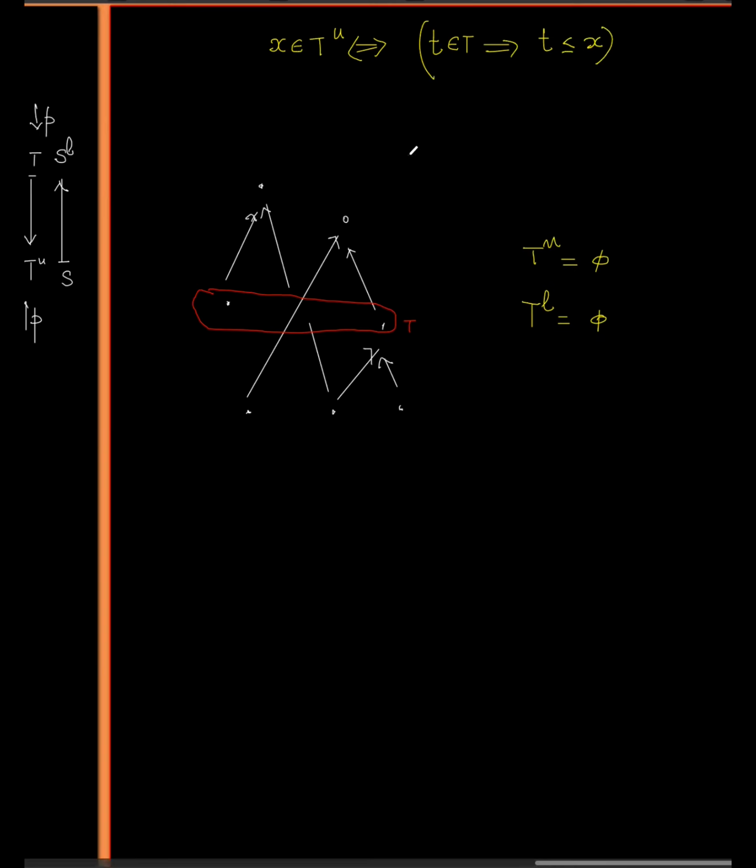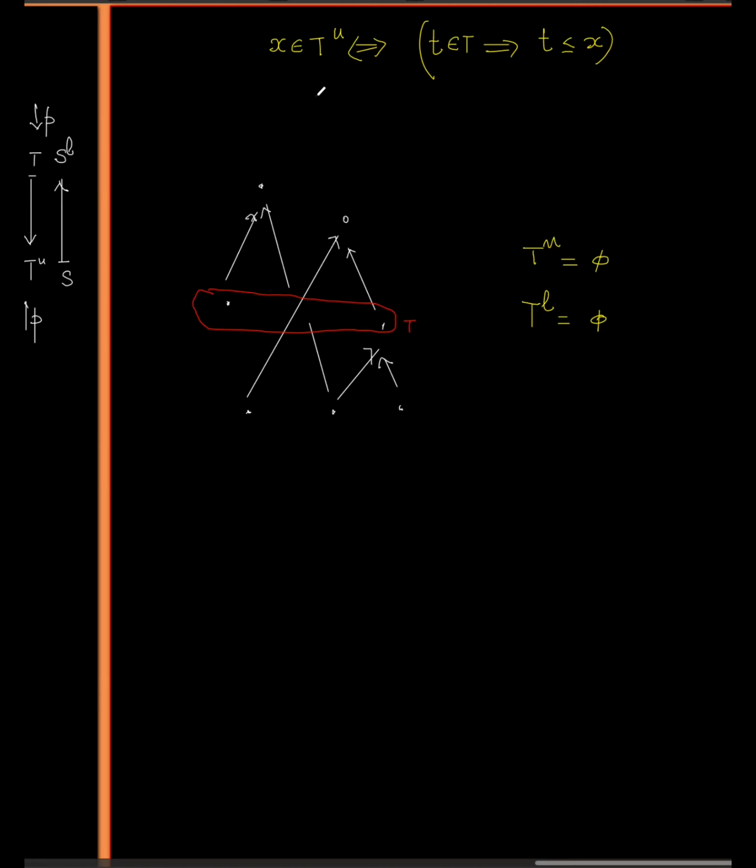So this therefore tells us that if T is the empty set, this is always false, so this statement is trivially true.